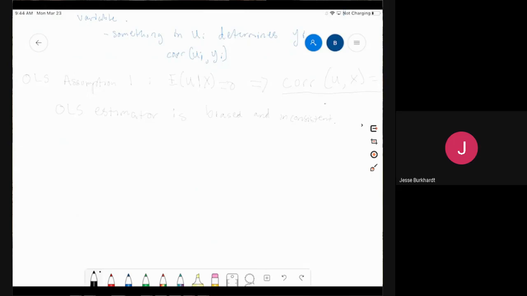Another example, we could be running a clinical drug trial. Suppose a pharmaceutical company is trying to introduce a new drug, and suppose OLS says that the drug helps people get better.